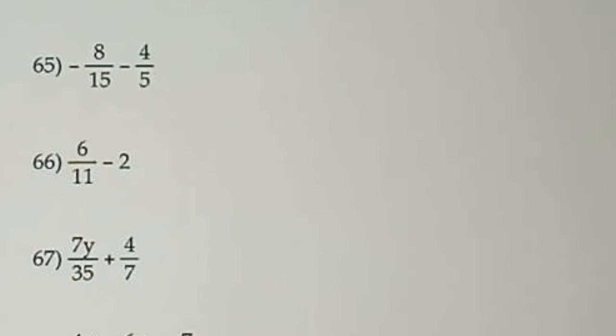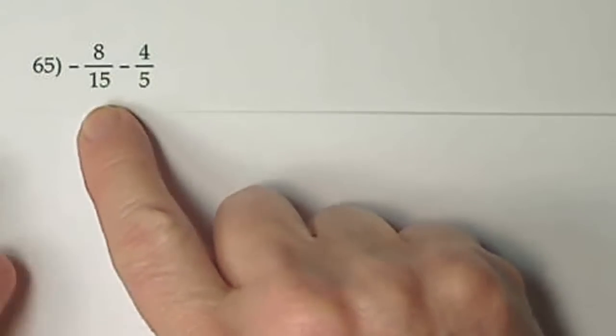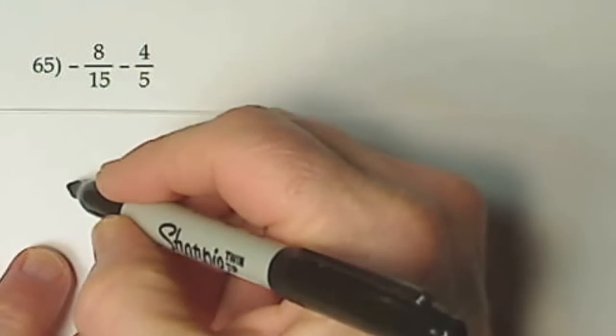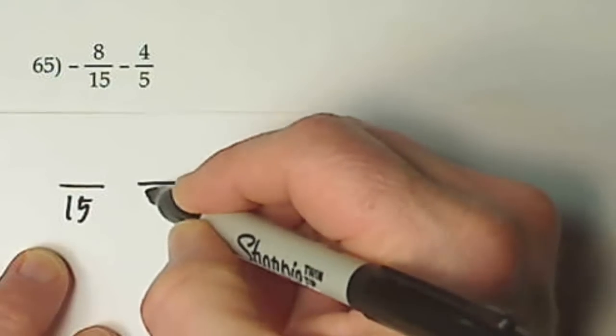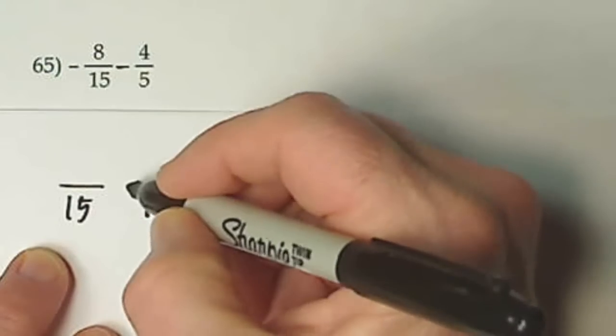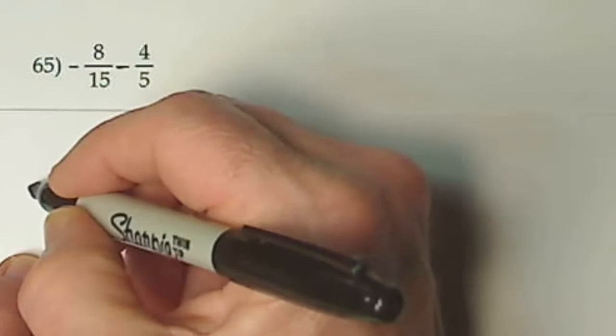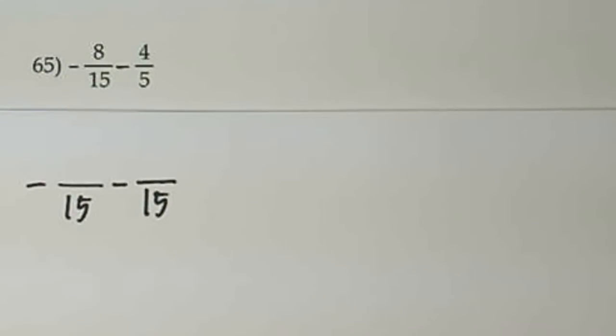Okay. Basically, you just think of a number that 15 will go into, that 5 will also go into. 15 happens to be the winner in this case. Bring down your negative sign and your negative sign.